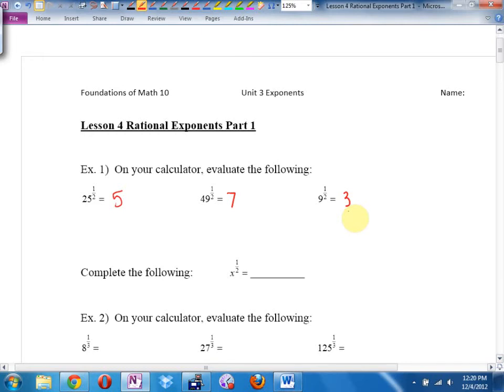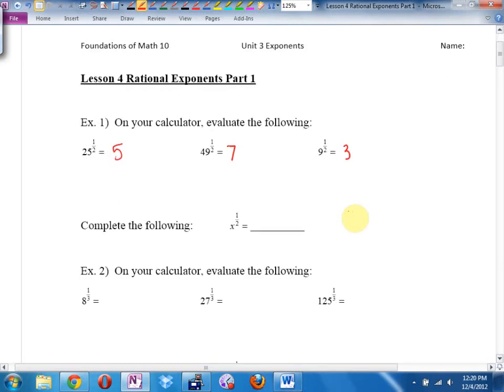So complete the following. X to the 1/2, what's that the same as? Which mathematical operation that we spent a fair bit of time on last unit is that the same as? I heard someone say, what? Square root. Turns out this is the same as that.